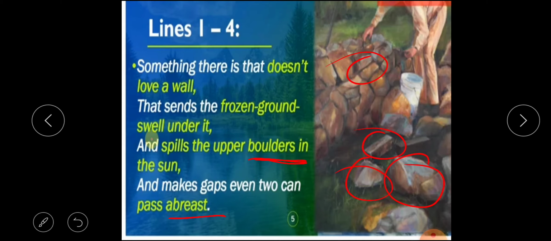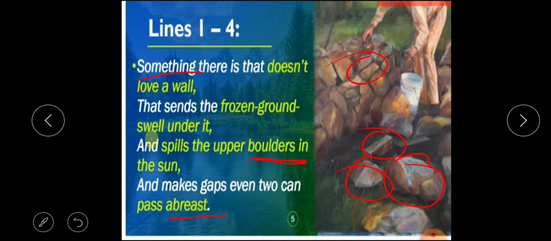So what does the poet say here in the first line? Something there is that doesn't love a wall. So the poem is starting with an observation that there is something in nature that does not like a wall.